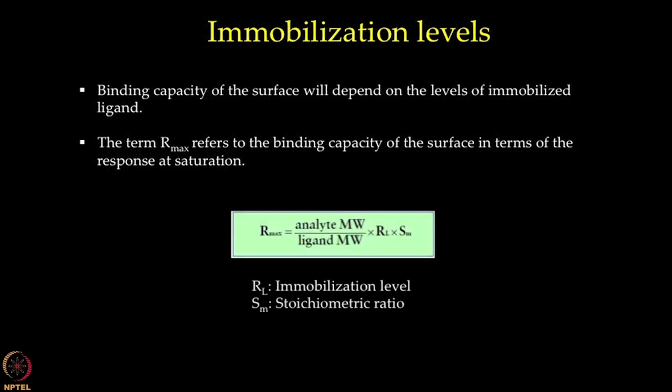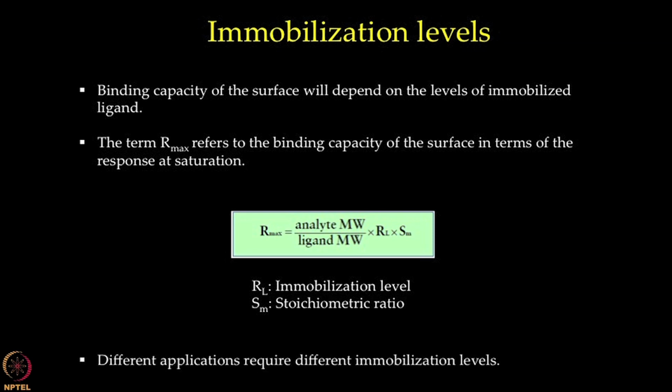A theoretical Rmax value can be calculated using the formula shown below, where RL is the immobilization level and SM is the stoichiometric ratio. A theoretical calculated Rmax is often higher than the experimentally derived Rmax for the same interaction.